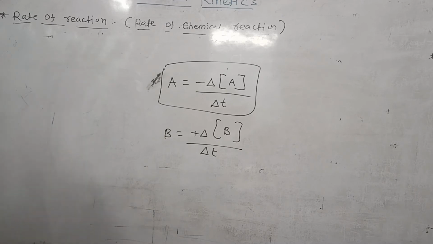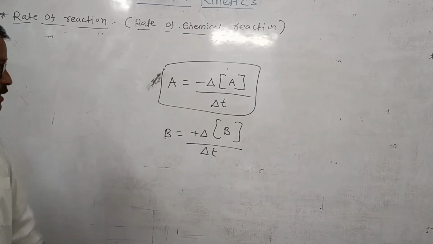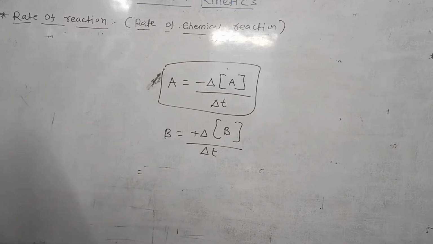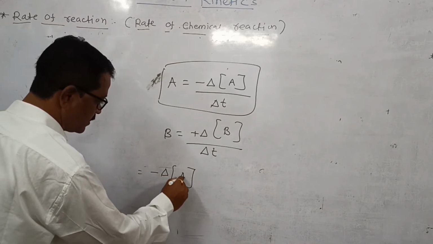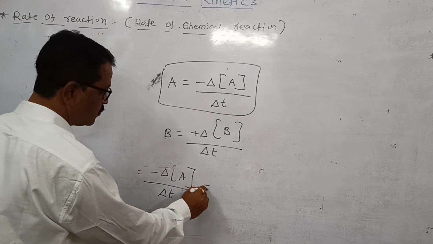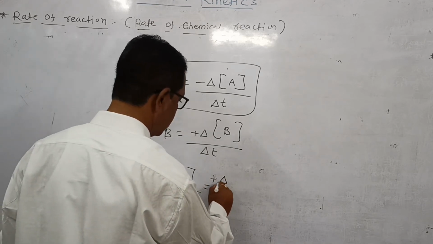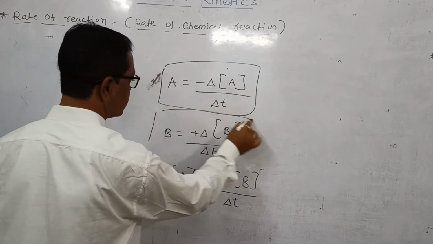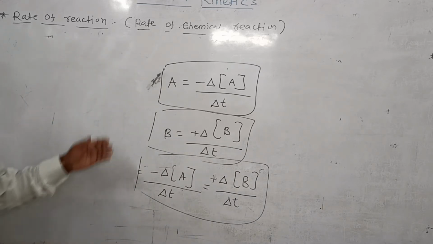Average rate of reaction is equal to minus delta concentration of A upon delta T, equal to plus delta concentration of P upon delta T. First one is the average rate of consumption of substance.